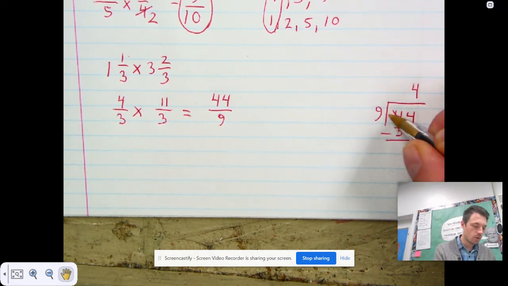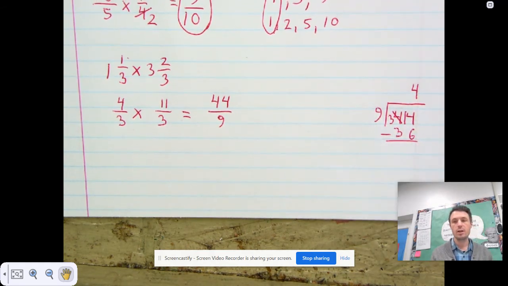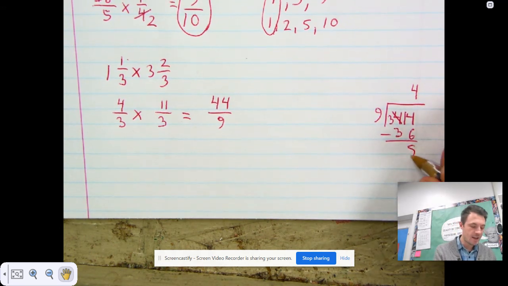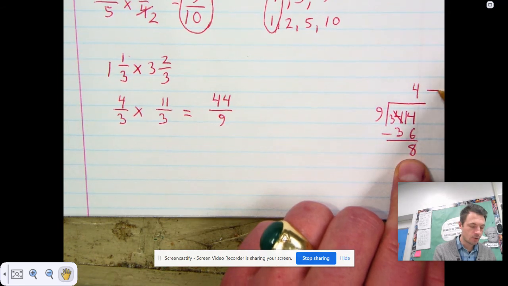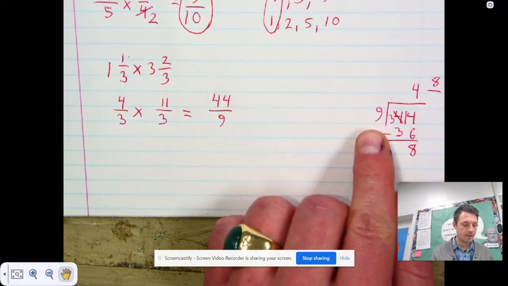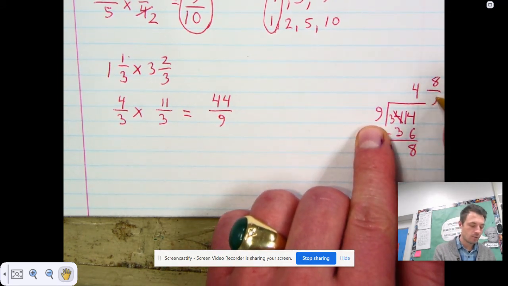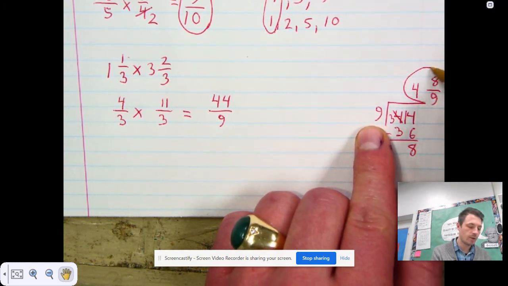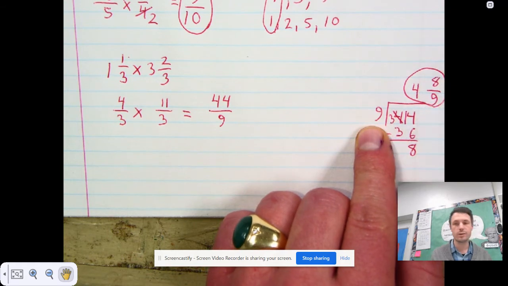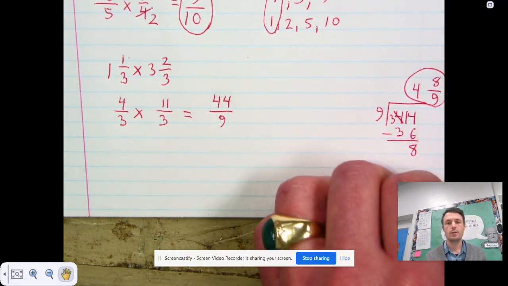You could borrow from the 4, make it a 3, making the 4 a 14. And 14 minus 6 is 8. And so now the remainder 8 becomes our numerator, and 9 is our denominator. So the answer is 4 and 8/9. 8/9 is already in simplest form, so there's no simplifying necessary.